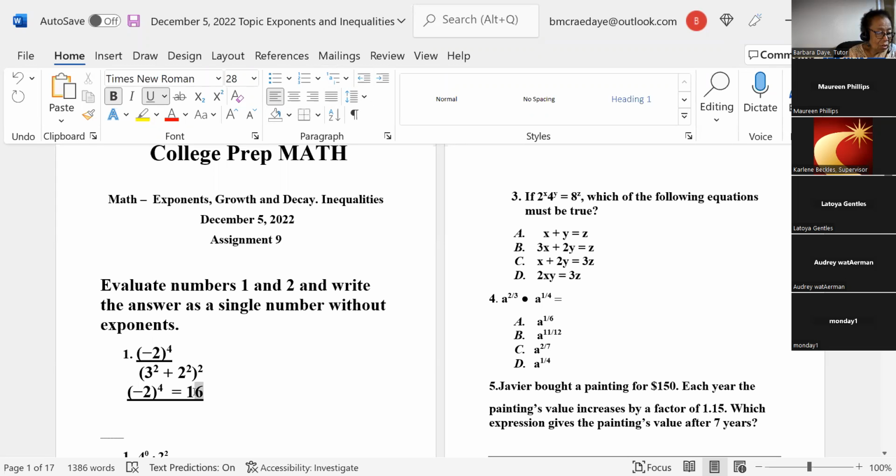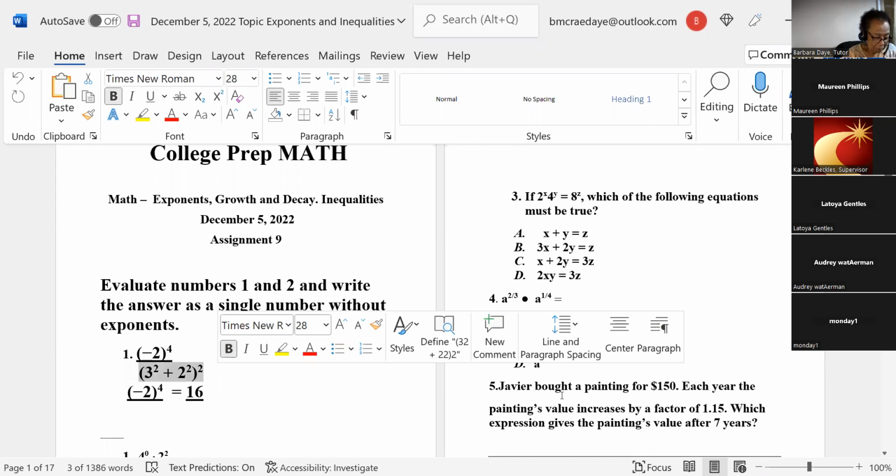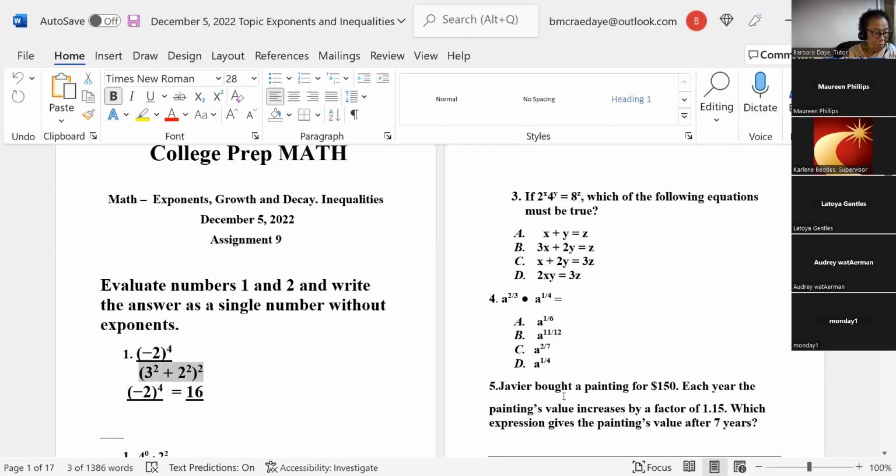The denominator, I get 169. I say 2 to the 3rd power is 9. 2 9s will be 18 plus 2 to the 2nd power is 4, and 4 2s is 8 when I multiply it with the powers.